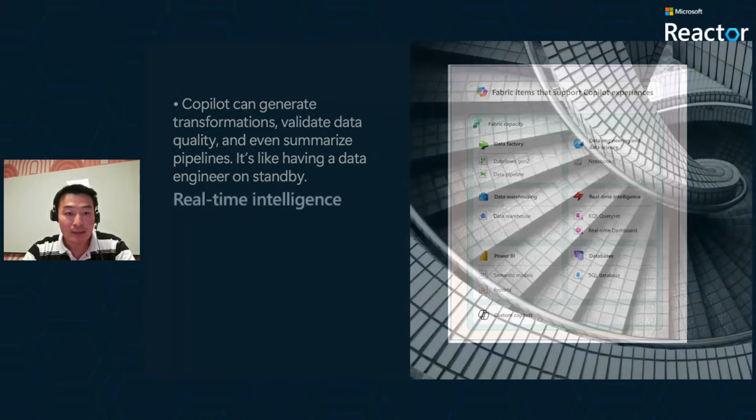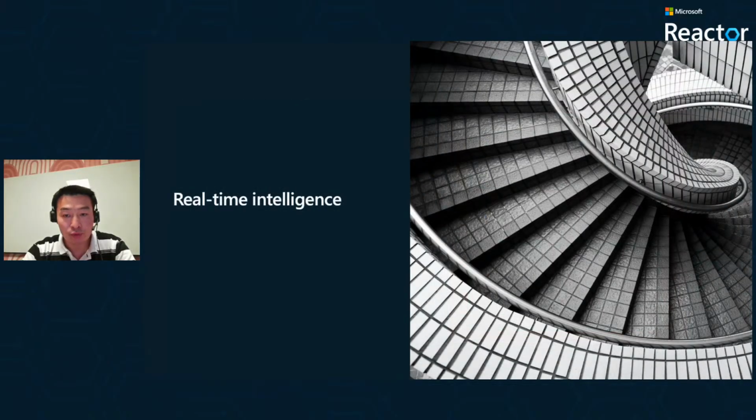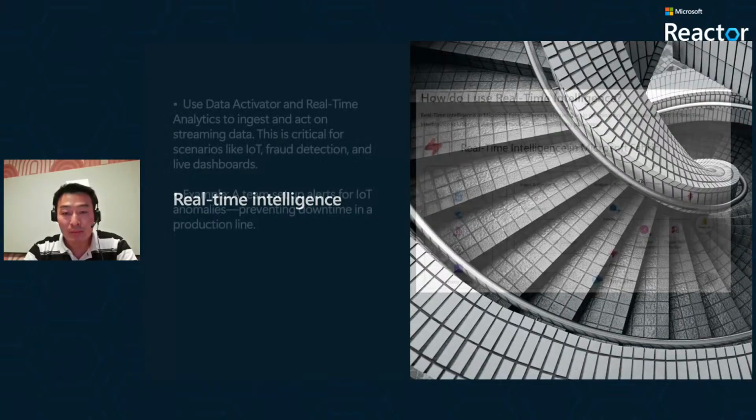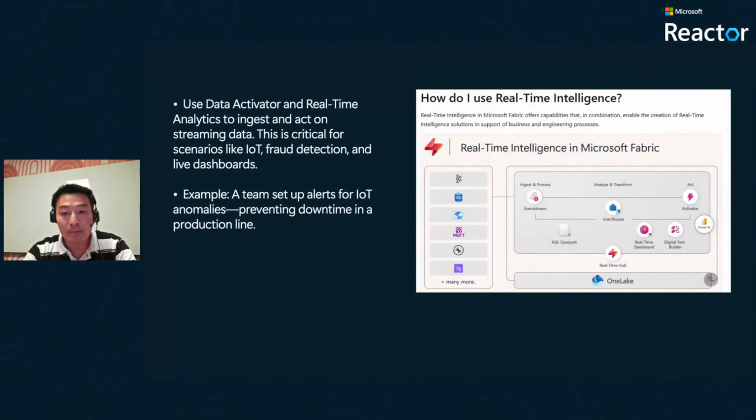So the next thing is related to Real-Time Intelligence. Real-Time Intelligence is a powerful service that empowers everyone in your organization to extract insight and visualize your data in motion.